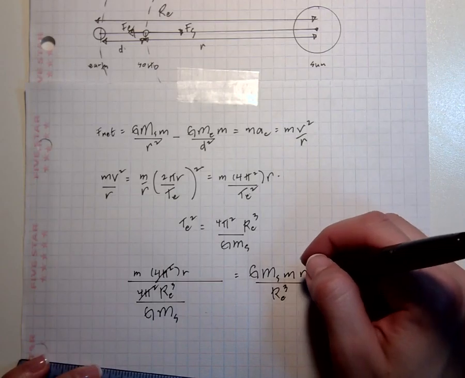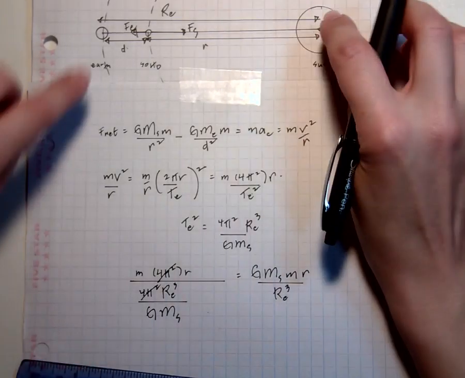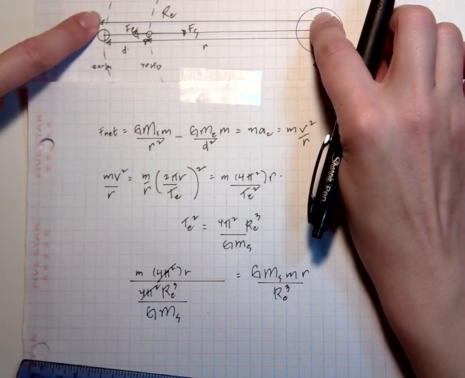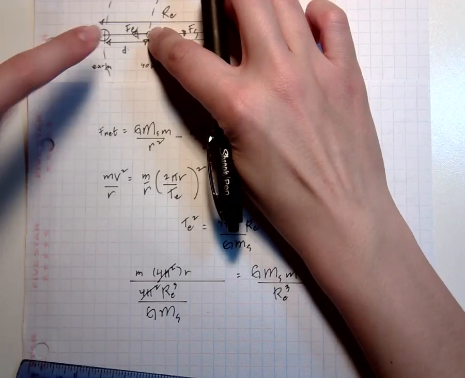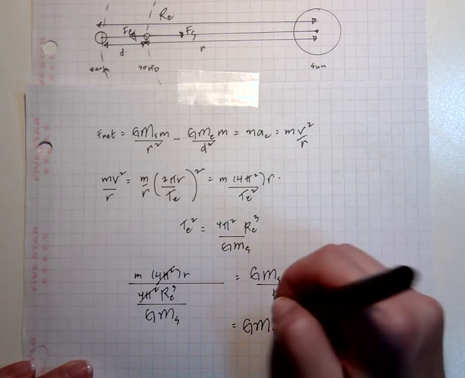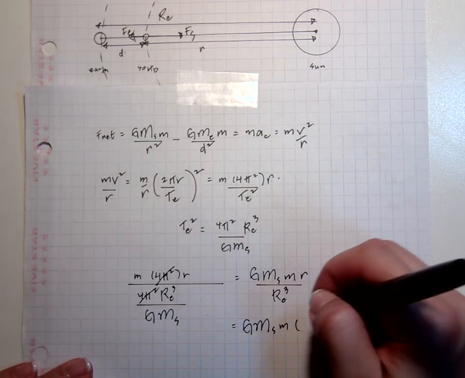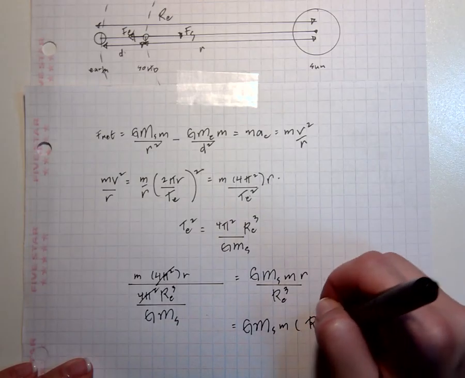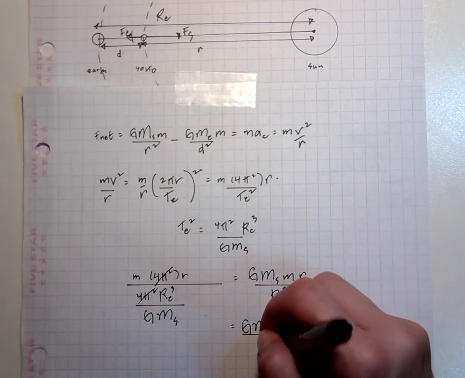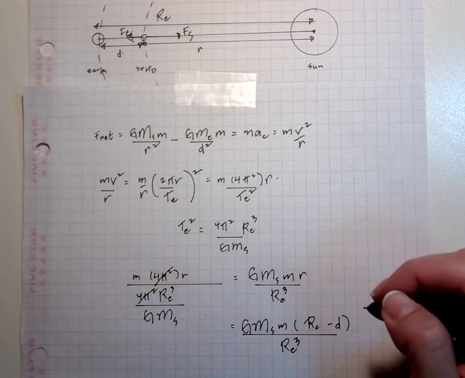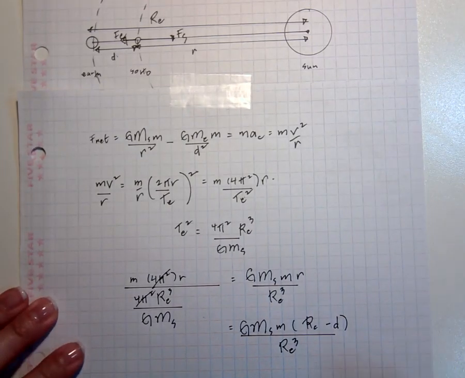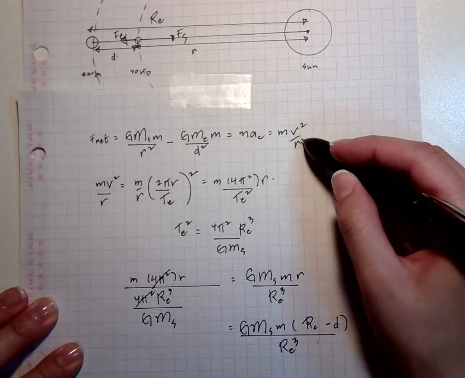Now let's fill in for r. Remember our original diagram. If we call that r, that distance is the same as the orbital radius of the Earth minus d. So let's fill that detail in. G times the mass of the Sun times the mass of the satellite times the orbital radius of the Earth minus d. Divide all of that by the orbital radius of the Earth cubed. So if we write out the entire expression, because remember this piece here is just m v squared over r.